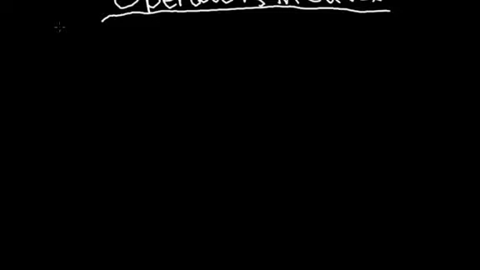Let's say you have two numbers, 5 and 7. You have to separate them with the plus operator. So 5 plus 7, the plus here is an operator. So 5 plus 7 equals 12. So the plus is an operator.